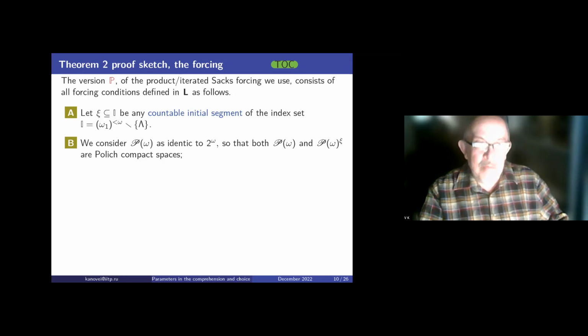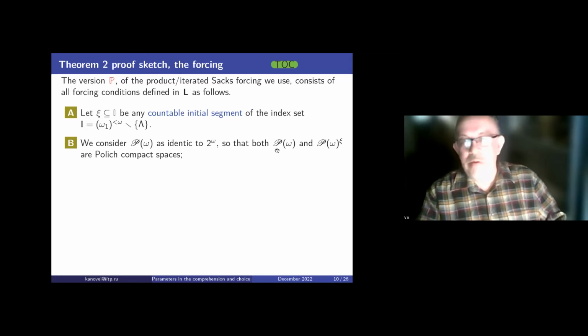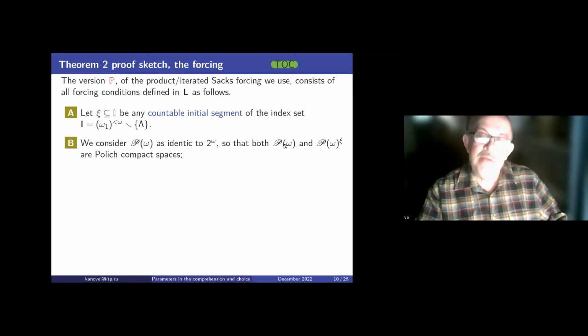Secondly, the power set of omega we consider just identified with 2 to omega, Cantor space. So it becomes a Polish compact space, and the product of psi copies of it is also a Polish compact space.